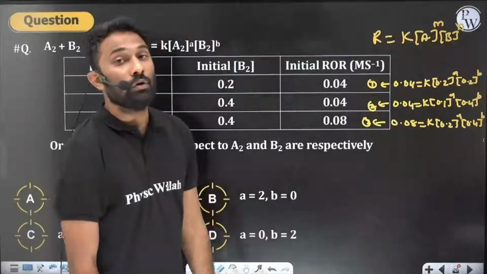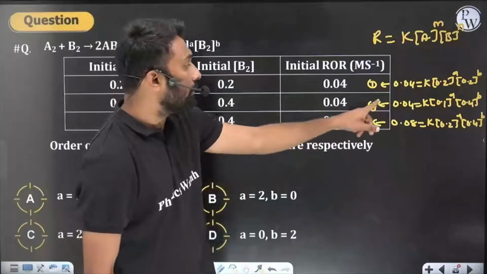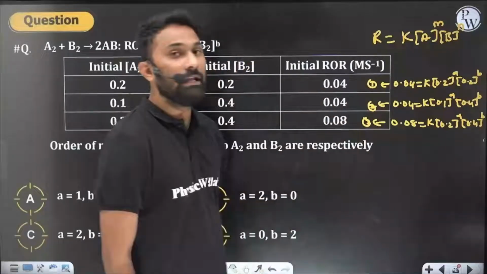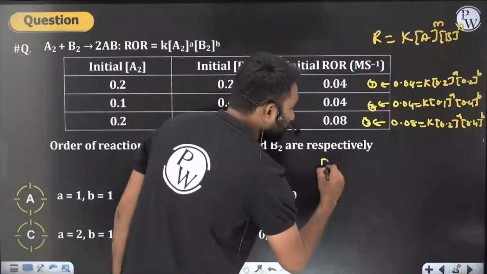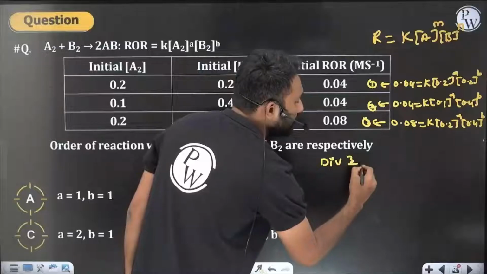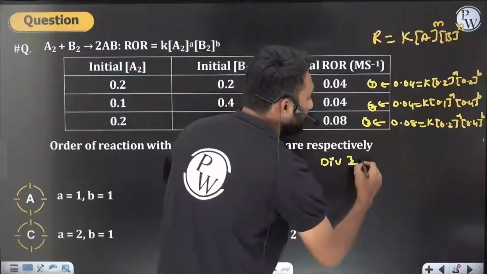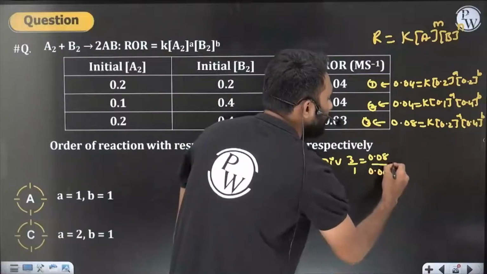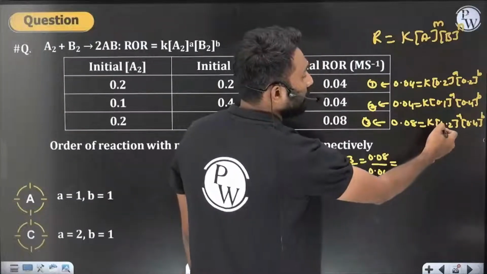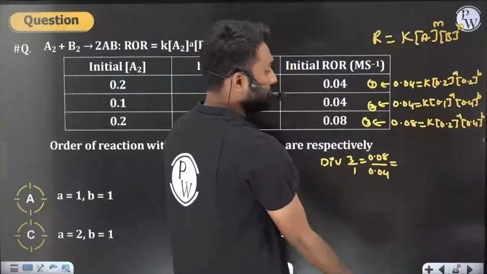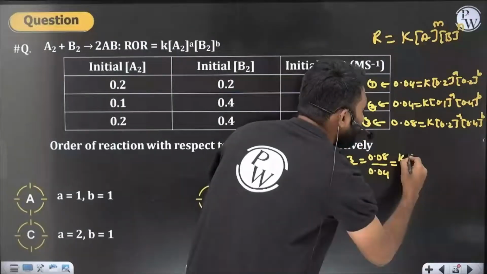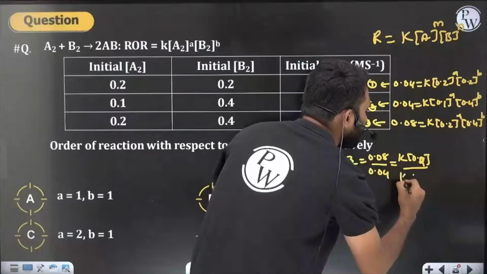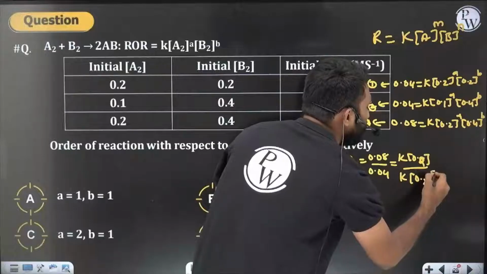How to solve this question? Now look here. First you divide 3 by 1. When we divide 3 by 1, 0.08 by 0.04 is equal to, see from here, k times 0.2 to the power a by k times 0.2 to the power a.